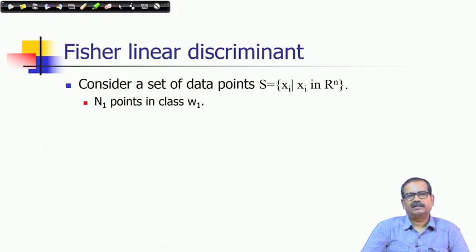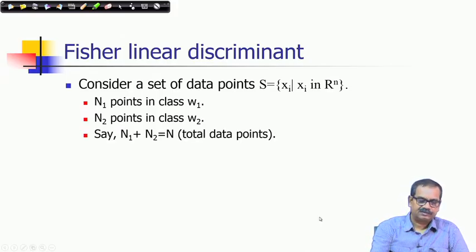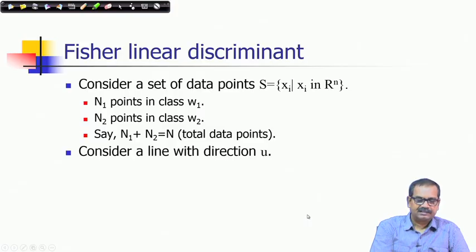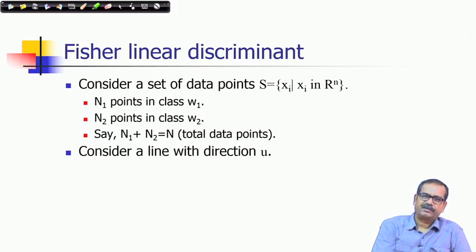Out of those, there are n1 data points which are in class W1, and there are n2 data points which are in class W2. Naturally, n1 plus n2 should be equal to N, the total number of data points. Now you consider a line with direction u, because our objective is to get a direction where this separation could be maximum.